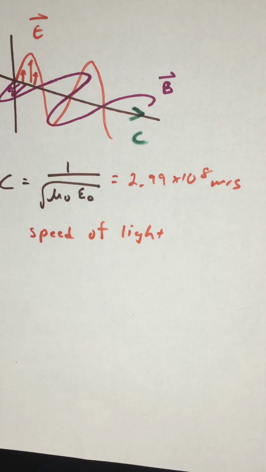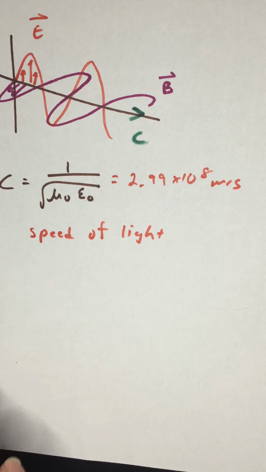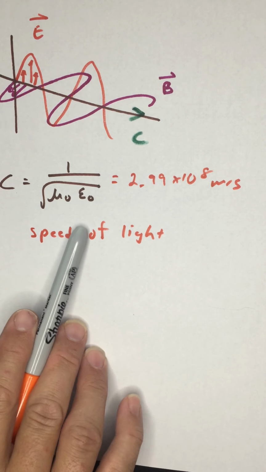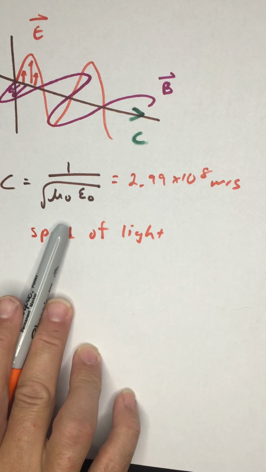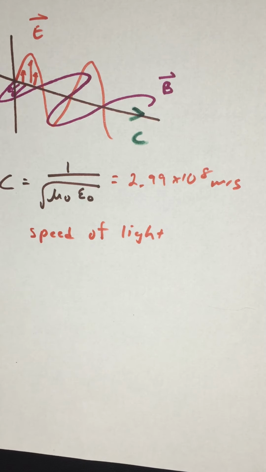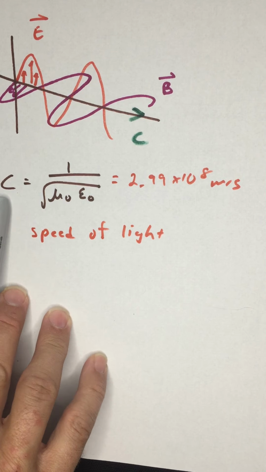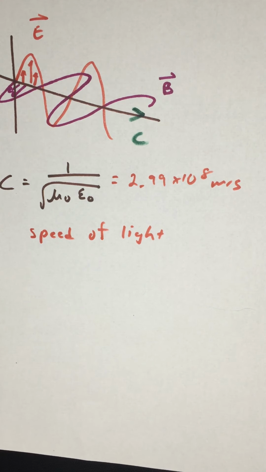It turns out it's a kind to which our eyes are sensitive. There are other kinds of electromagnetic waves to which our eyes are not sensitive. We just happen to be sensitive to visible light. But put all this together, it turns out what we call light is just part of the electromagnetic spectrum. It travels at this speed always, and the speed of light is given by this equation.